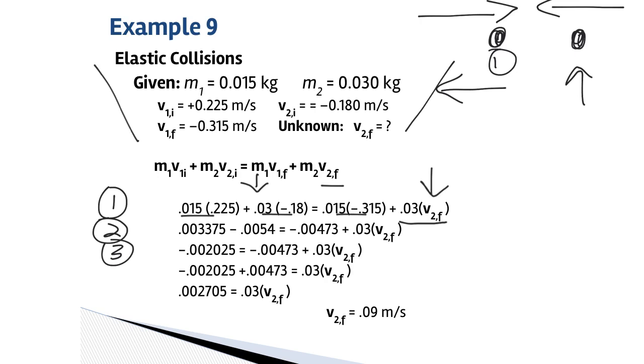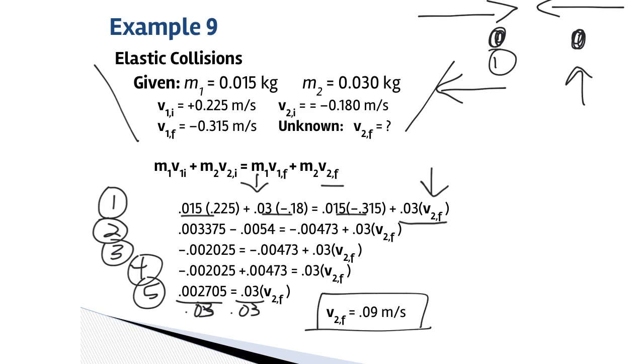Line 4, we're again doing a rearrangement of the math. Line 5, we're simplifying one more time. And in this final step, you're dividing both sides by 0.03. And the final velocity of marble 2 is 0.09 meters per second.